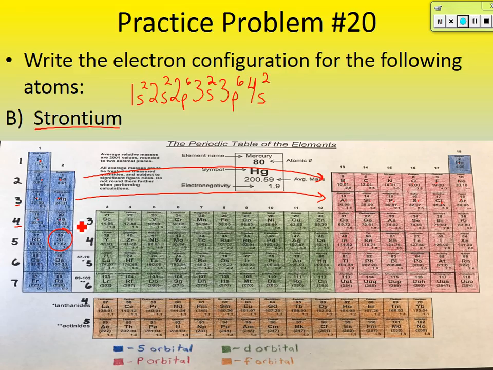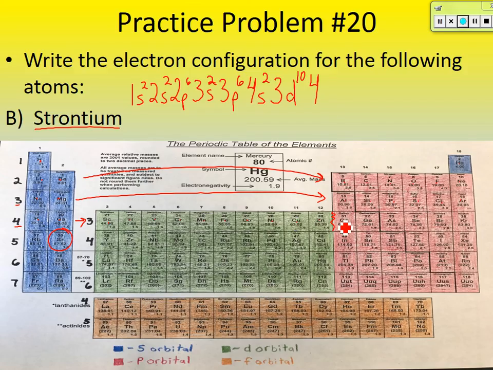Now careful, we're heading to the d orbital block, so we got to drop down to the third energy level. D orbital, 1, 2, 3, 4, 5, 6, 7, 8, 9, 10 electrons fit there. Now be careful, you now have to move back up to the fourth energy level. Remember, the only one that dropped down was the d orbital block.